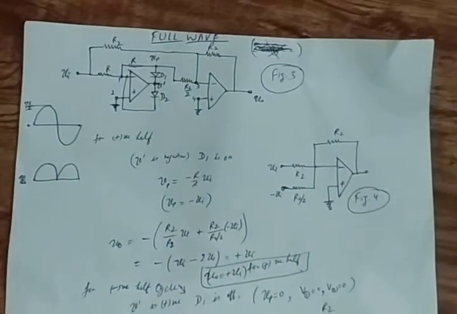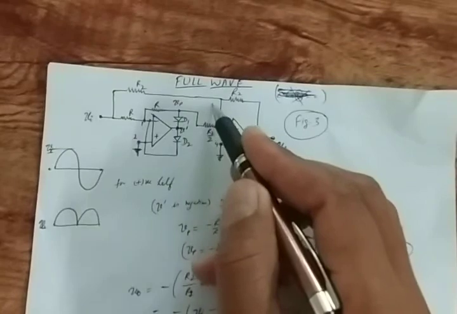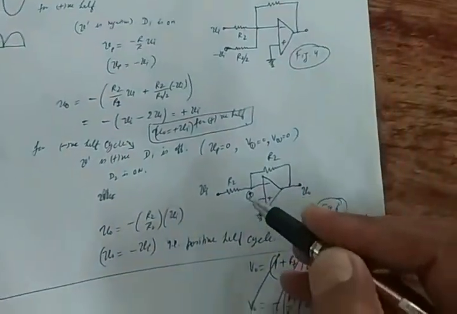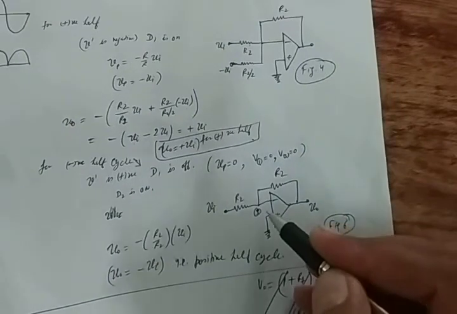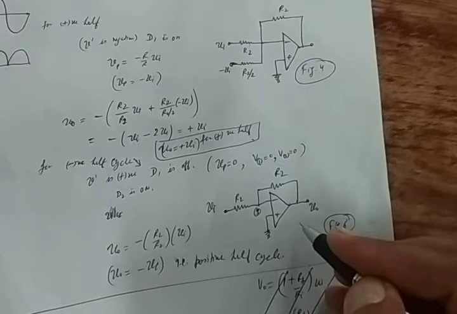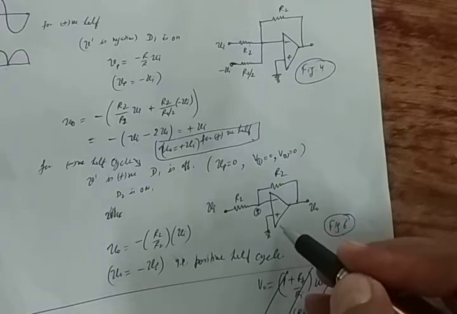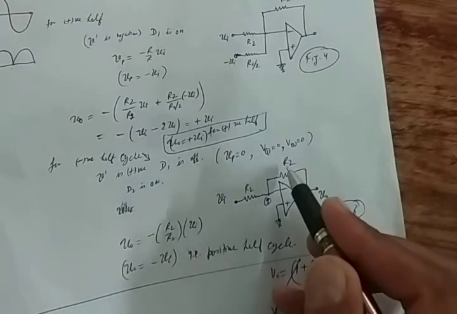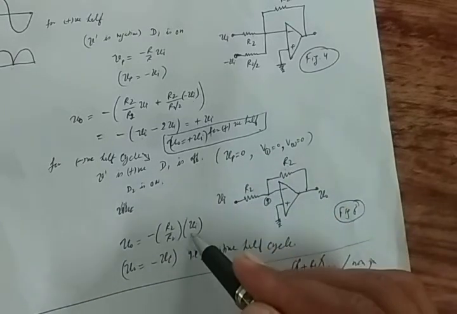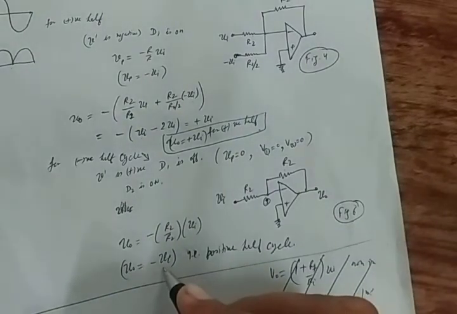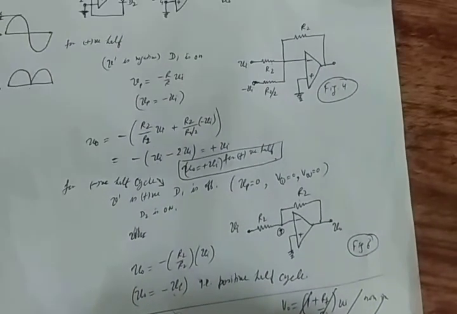So only this circuit will act, the outer circuit, and our equivalent circuit for the second op-amp is given by this figure number 6. In this case, V0 is equal to minus R2 by R2 into Vi, that is V0 is equal to minus Vi.